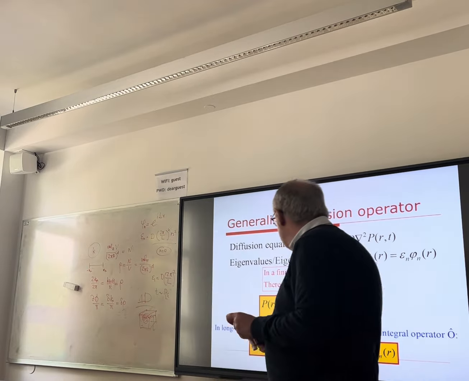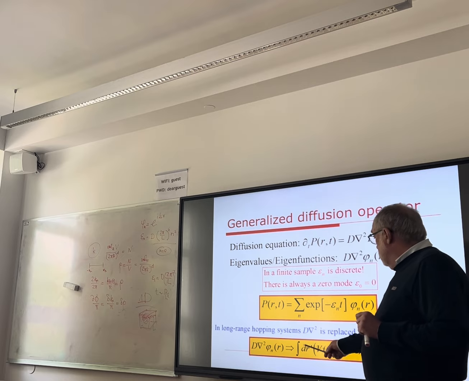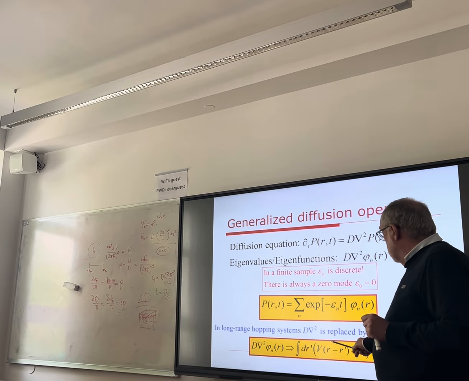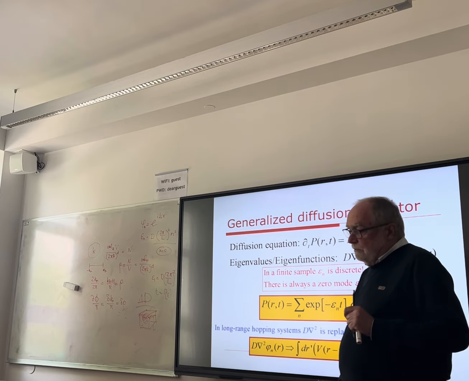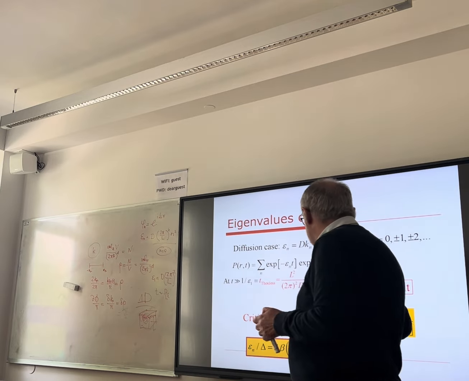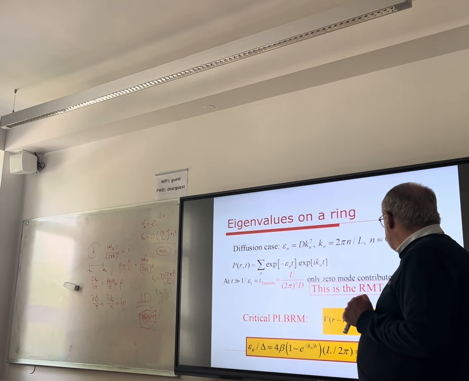Let us come to this situation where we have not a differential operator but an integral operator, and this is the variance of the hopping. Now this applies for power-law banded random matrices.